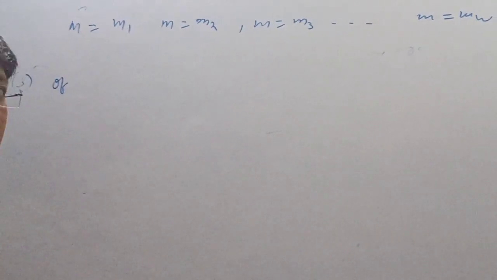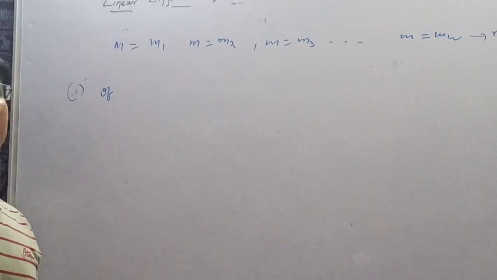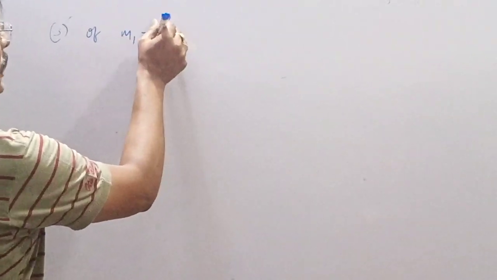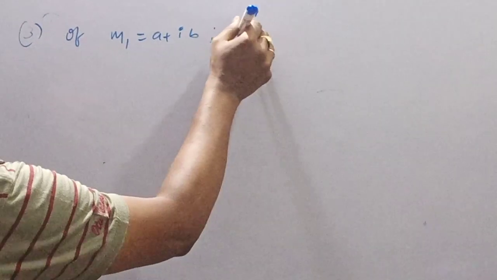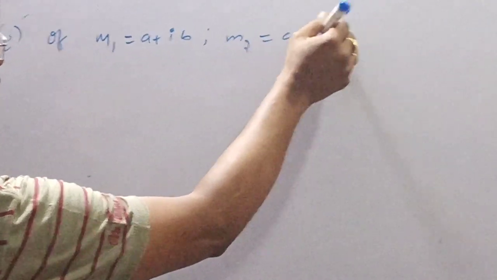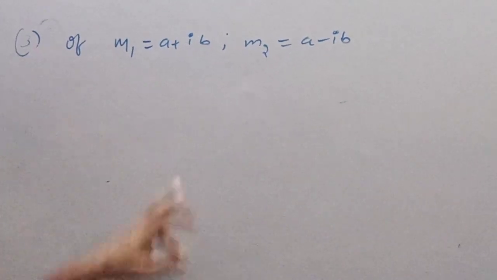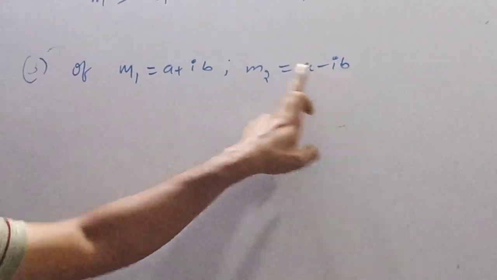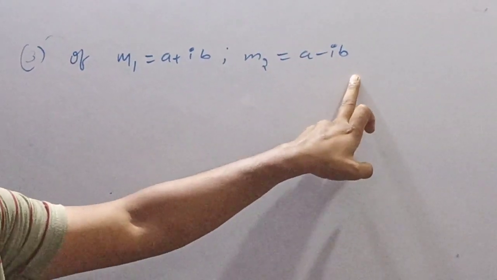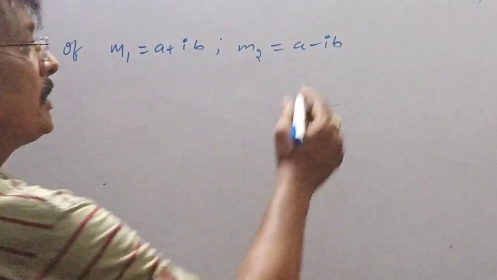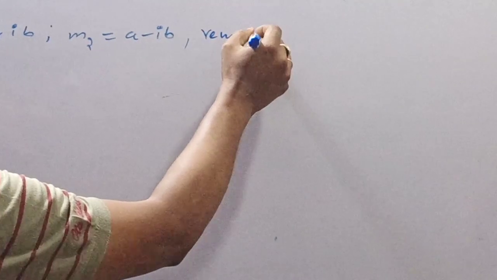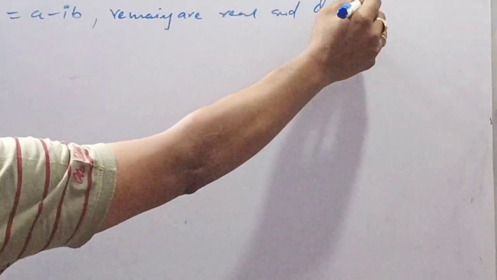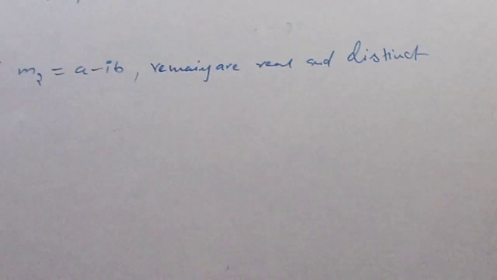If two roots are a pair of conjugate complex numbers, m1 equal to a plus ib and m2 equal to a minus ib, a complex number and its conjugate, and the remaining roots are distinct. We know the real and distinct solution.